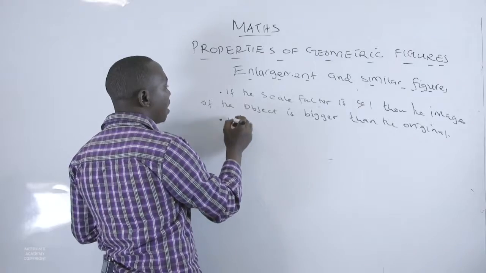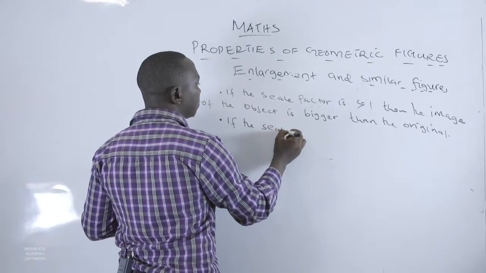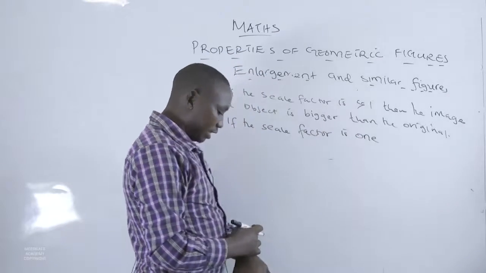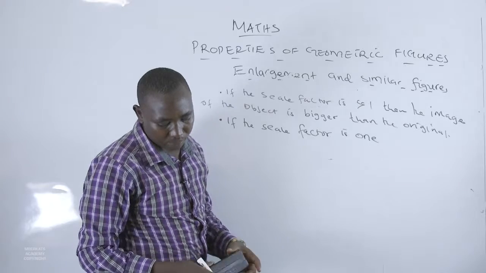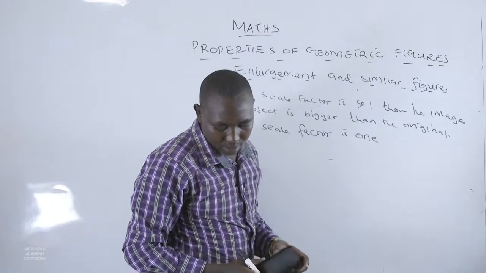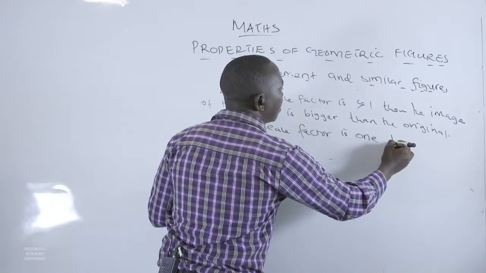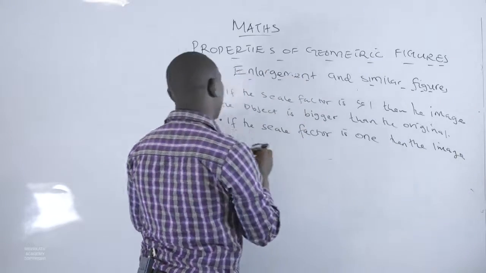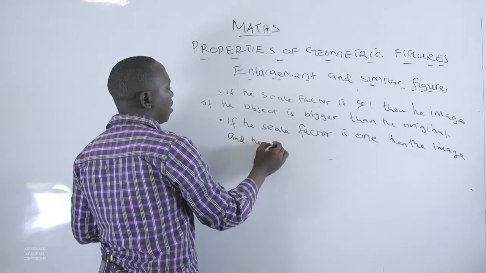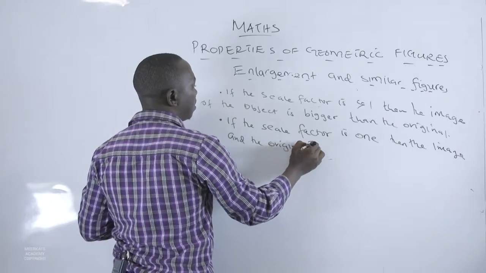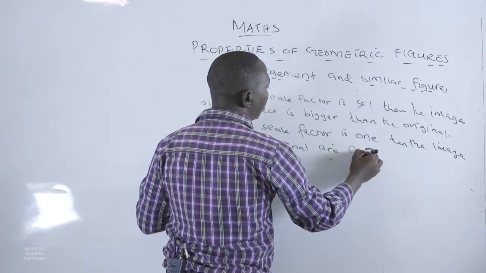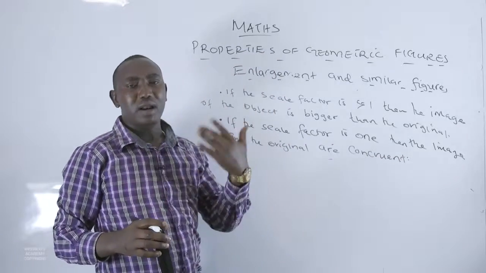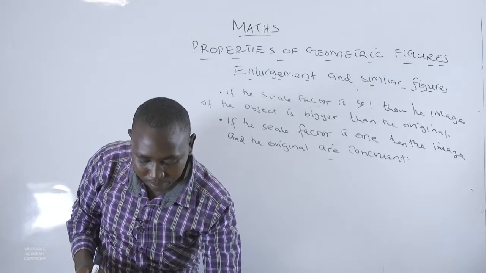So if the scale factor is 1, then the image and the original are congruent. That means one can match exactly into the other one.